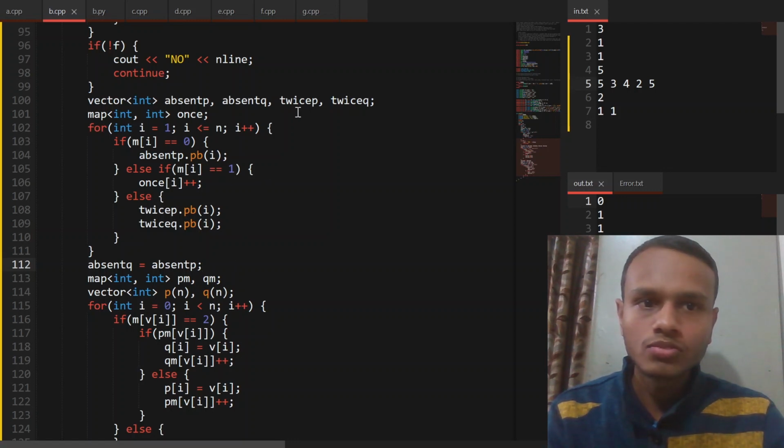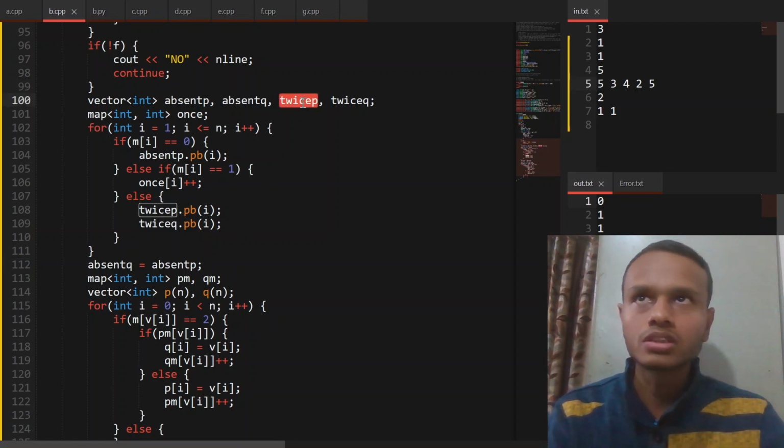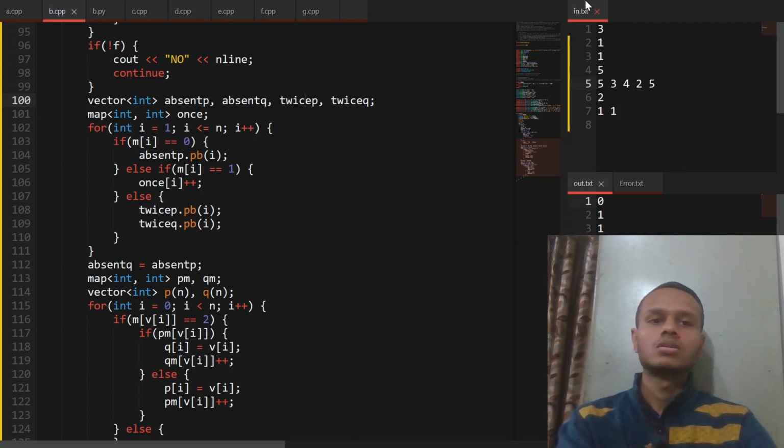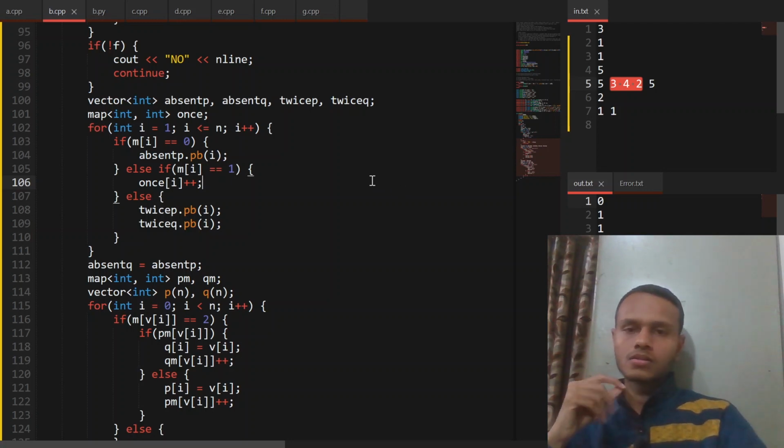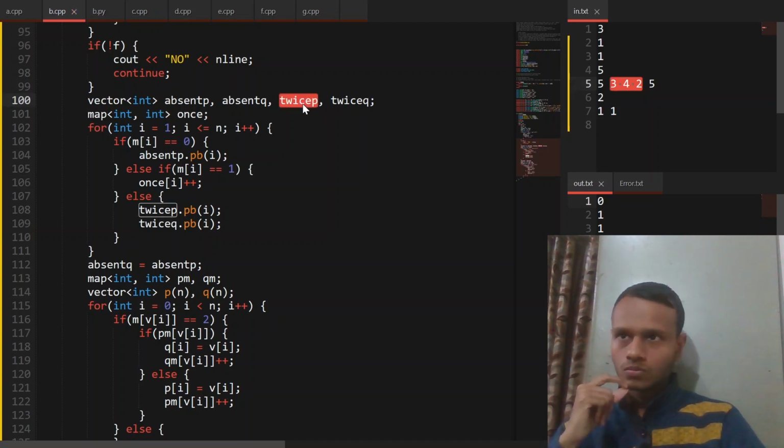Also, is it like the number of elements that have to be present? No. Oh, so the single ones can create a nuisance. The single ones can be a problem. But the twice numbers should not be a problem.